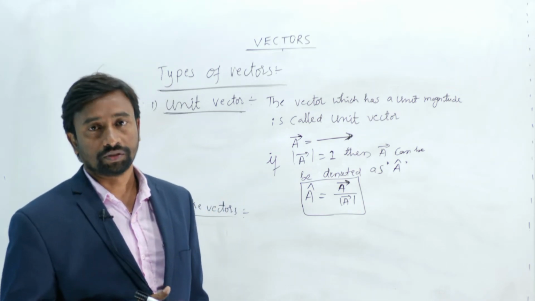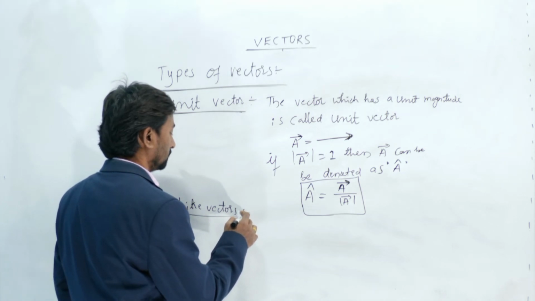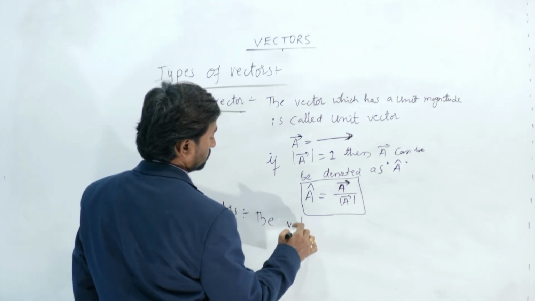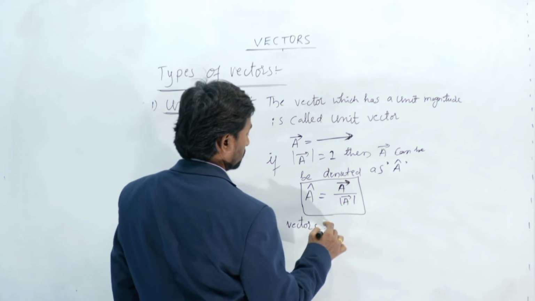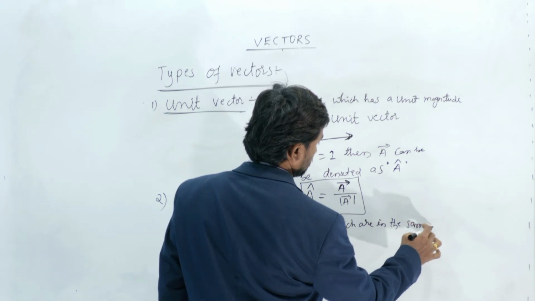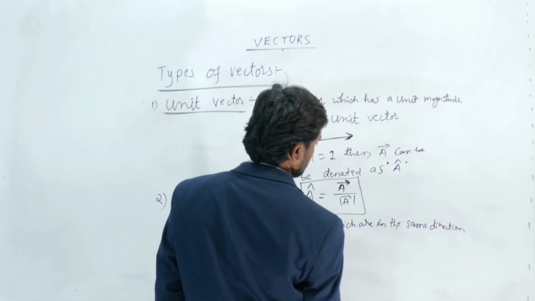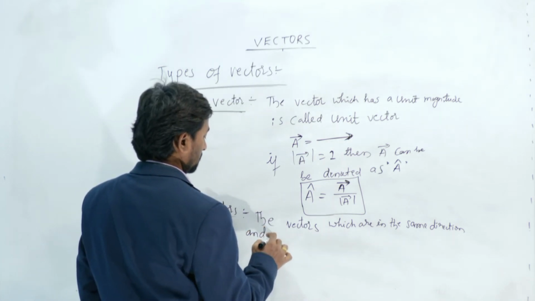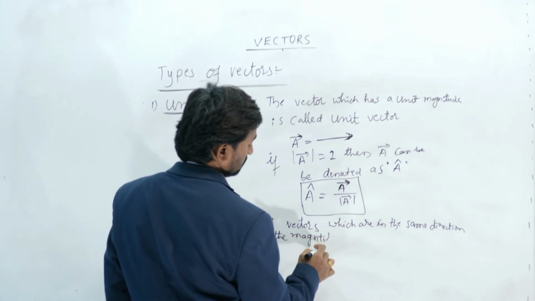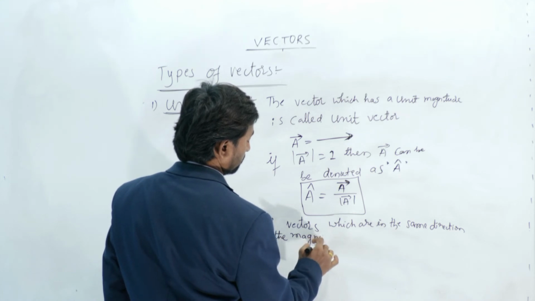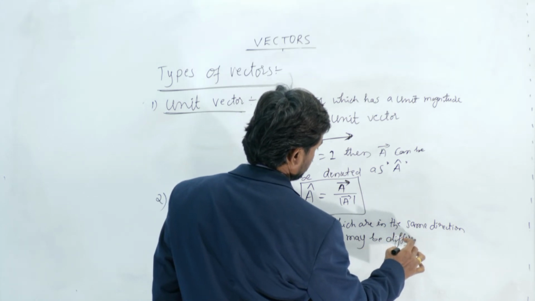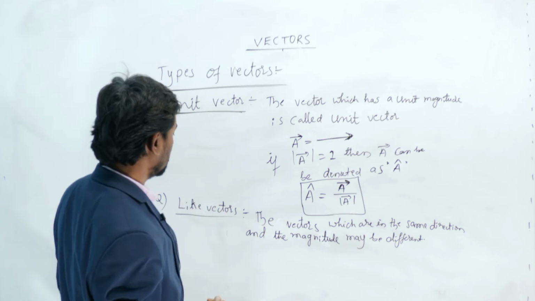Two or more vectors which are in the same direction, and the magnitude may be different, are known as like vectors.